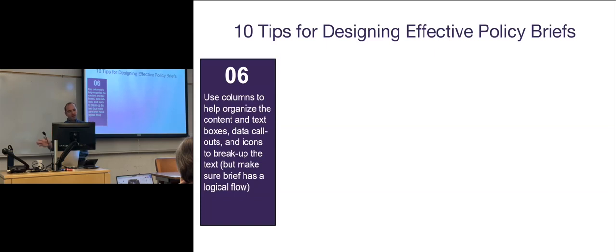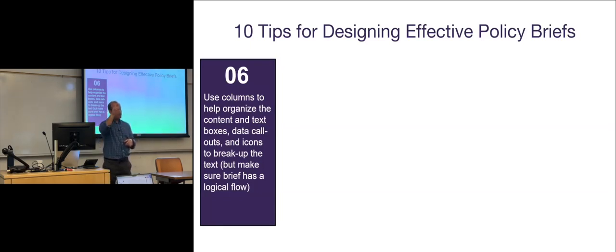The one other caveat I would add for this is make sure your brief has a logical flow. So if you overdo the text boxes and that sort of thing, someone holds it up and you've got 6 different text boxes, right? And that's it. The reaction would be kind of, well, where do I start? And so you want to kind of lead them through it. So in English and in many languages, right, you start at the top and you read left to right.